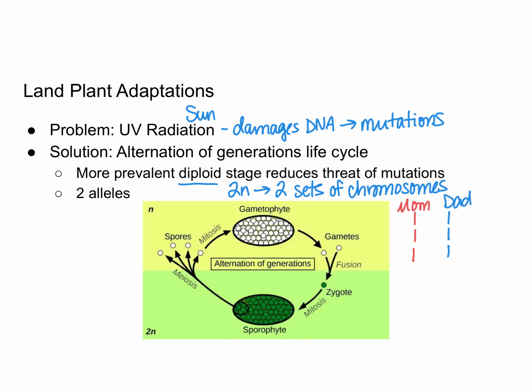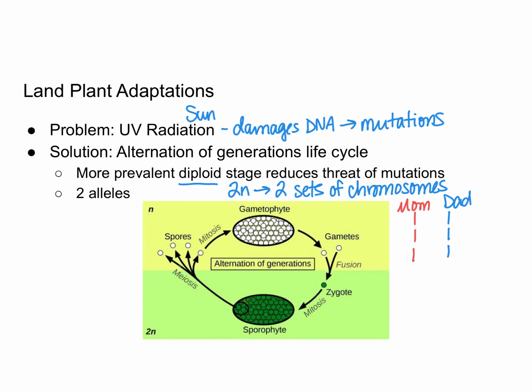So due to this, we often draw these bar-shaped chromosomes as being different colors. We could say that maybe the blue ones came from the paternal gamete and the red ones came from the maternal gamete.